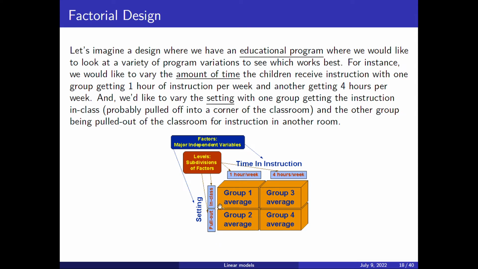Maybe when they are in their room, they are more efficient in learning, or it may be the opposite. It may be that when you take them out of the standard classroom and take them somewhere else, they pay more attention, or they are distracted. You never know. But you think that these 2 factors can affect the scores that they get in statistics. So you have 2 levels for each one of the factors, and you would have 4 combinations: 1 hour per week in class, 4 hours per week in class, 1 hour per week out of class, and 4 hours per week out of class.